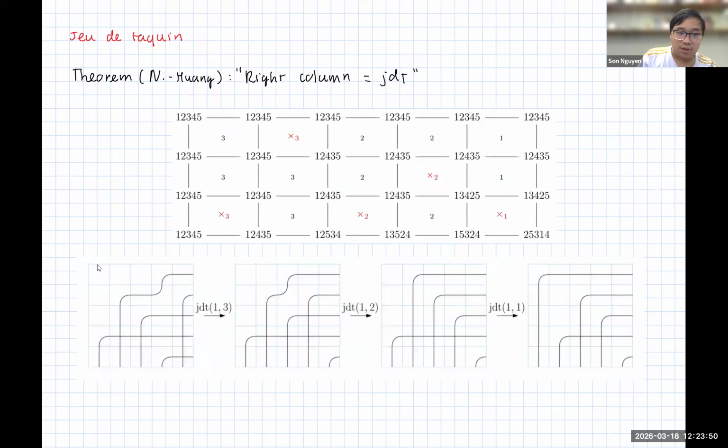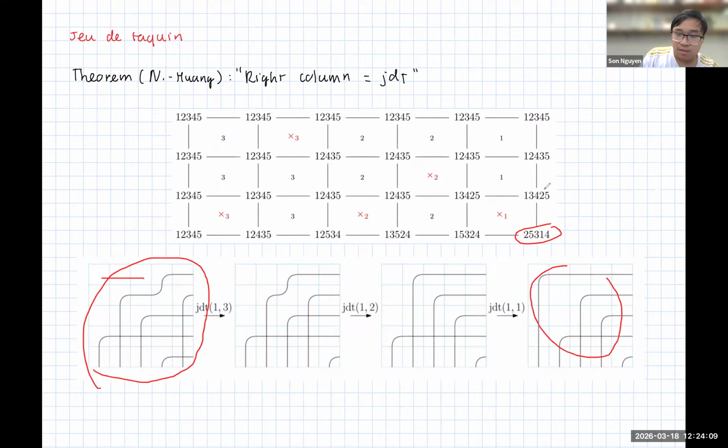And so if you start with this pipe dream and you do JDT to get rid of every empty square in the first row, you get this one. And the permutation of this one is this, and you take out all the empty squares in the first row, you get this bumpless pipe dream, and the permutation would be this one.